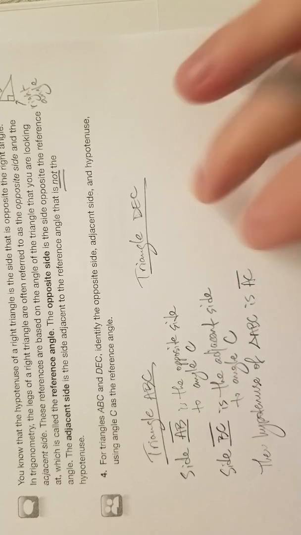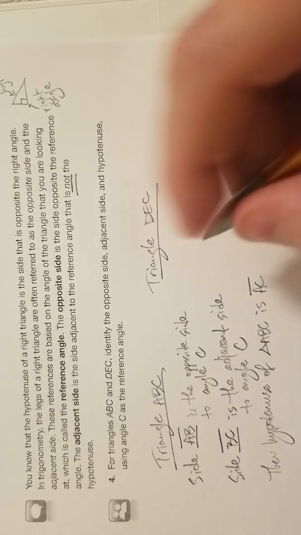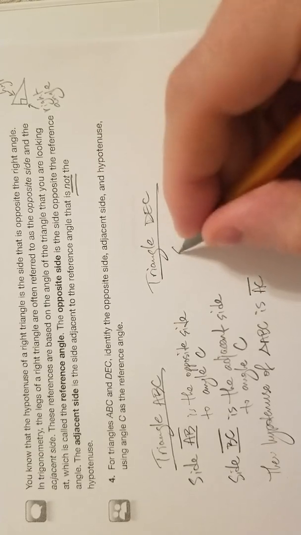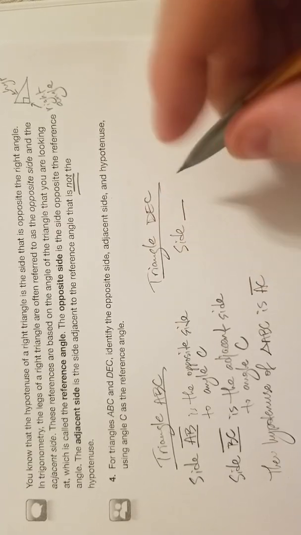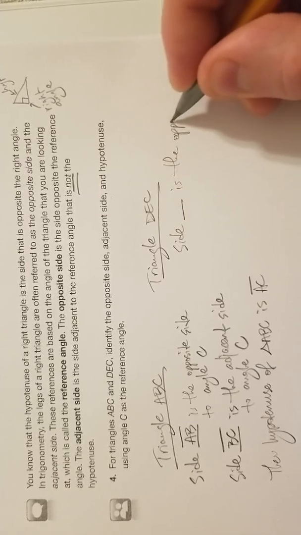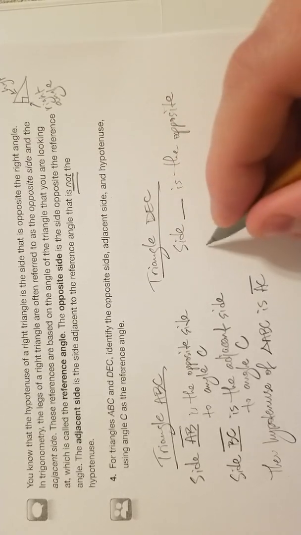All right, now let's try it for triangle DEC. I'm gonna write them all down and then you guys are gonna fill them in. Side blank is the opposite. I'm just gonna start abbreviating, okay?